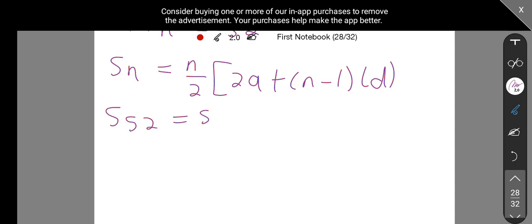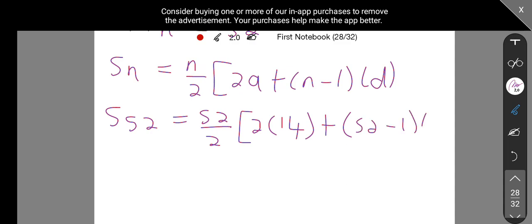That is 52 over 2 multiplied by 2 times the first term of the even numbers, that is 14, plus, open brackets, n is 52, the number of terms, minus 1 multiplied by the difference between consecutive even numbers, that is 2. So let's calculate the sum. The sum will be 52 over 2.